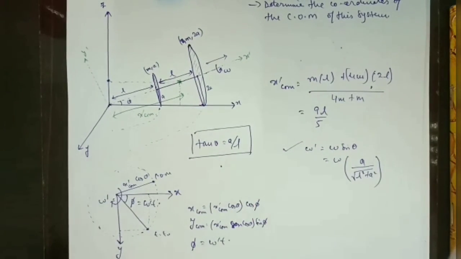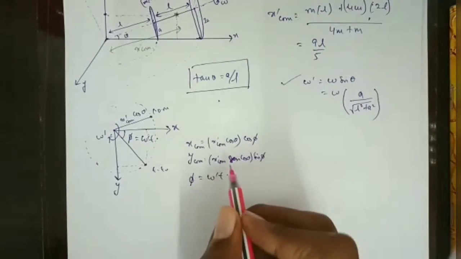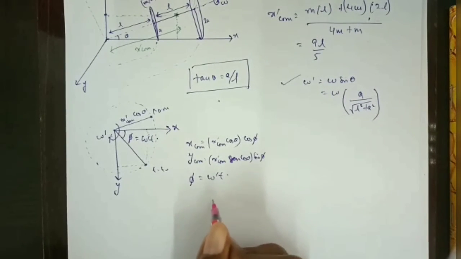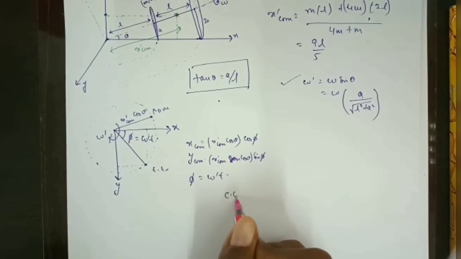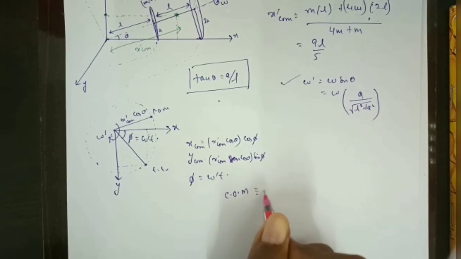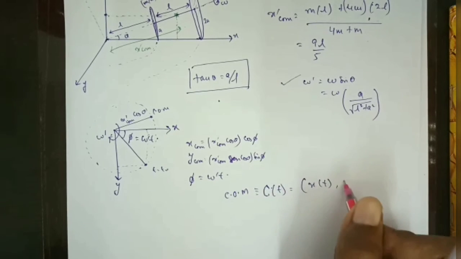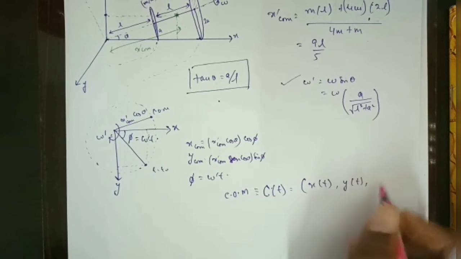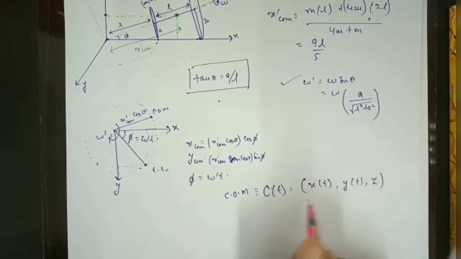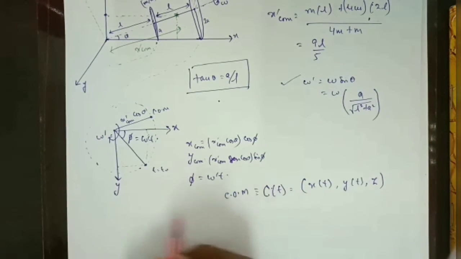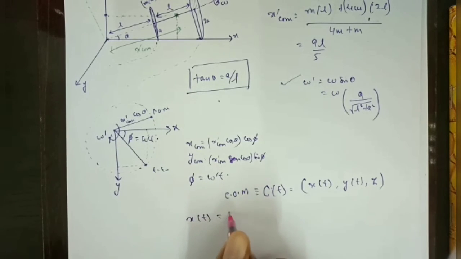So finally we can write the expressions. COM equals x as a function of time, y as a function of time, and z.